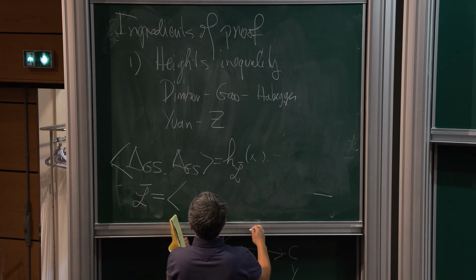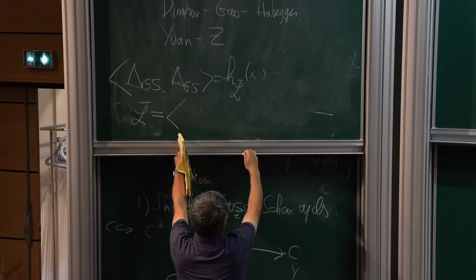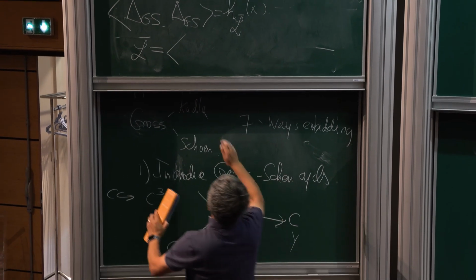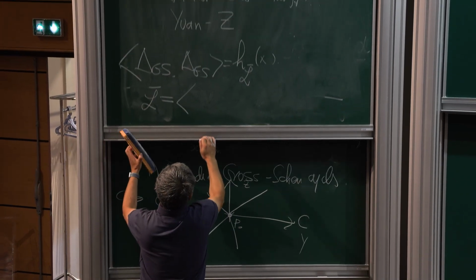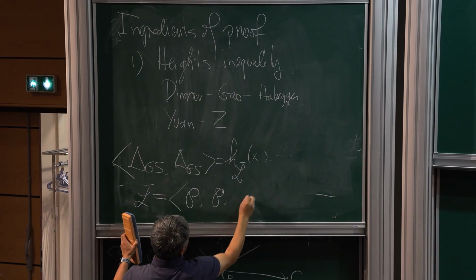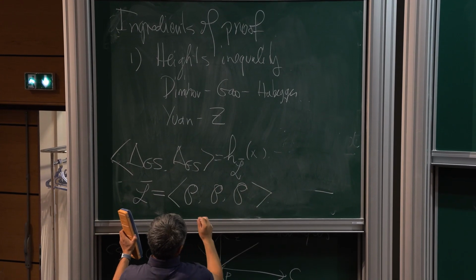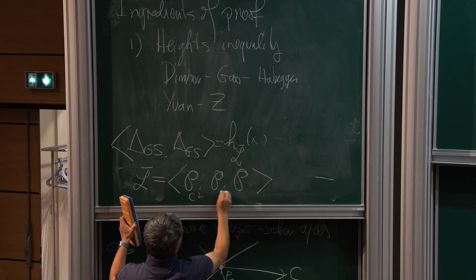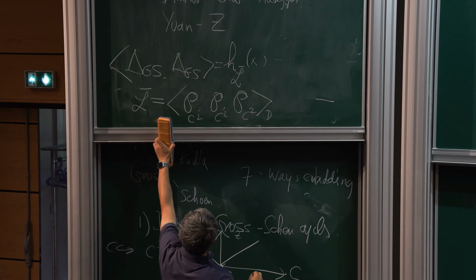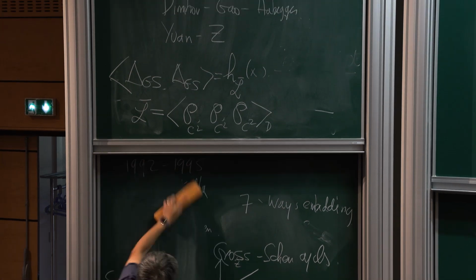Let me write this bundle there. The Poincare bundle restricted on C squared. This is a Deligne pairing, so I will explain what it means.